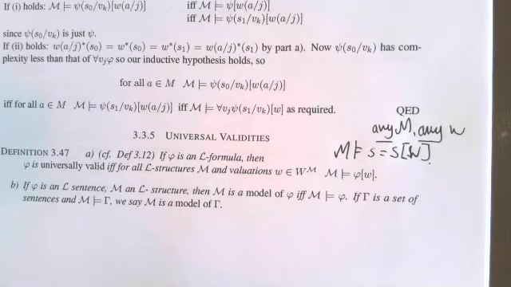And one of the questions of first order logic is, what are the universal validities? How can we characterize our universal validities?